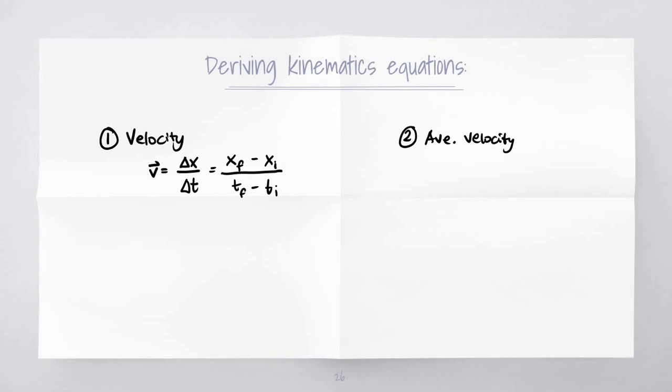By then we need to get the mean of those two velocities, and by doing so we will obtain average velocity. So the formula for average velocity will be the sum of two velocities, so let's make it final velocity plus initial velocity all over 2. It's just simply getting the mean or the average of two velocities.